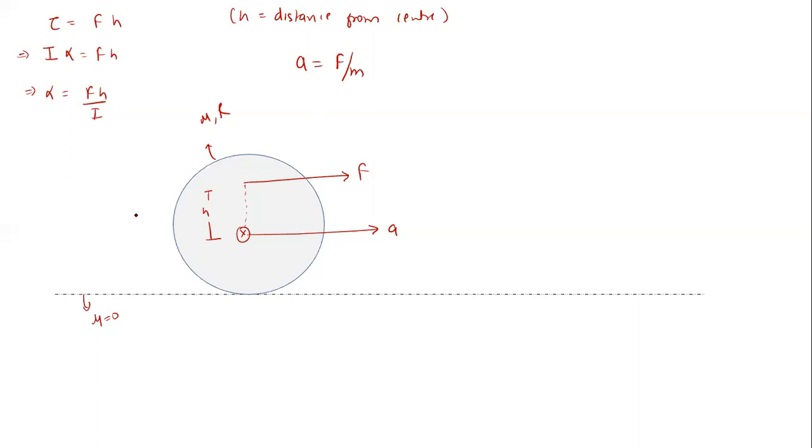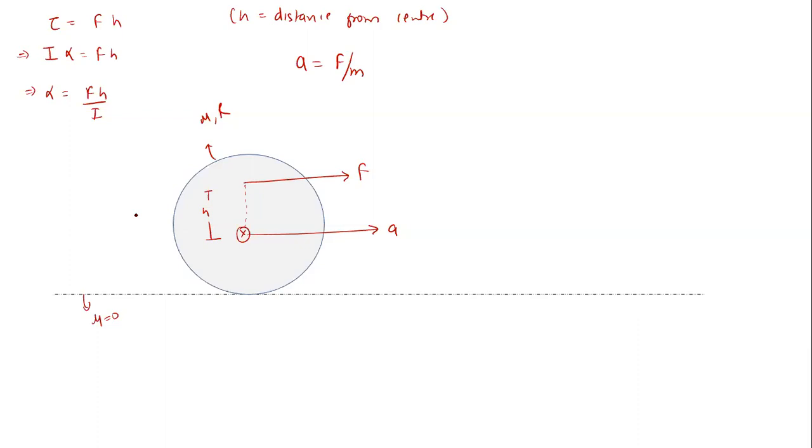So if you apply some external force, the body will have both translational as well as rotational motion, even though there is no friction on the surface, even though mu equals 0.